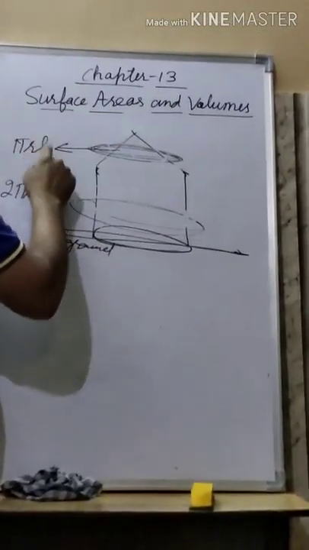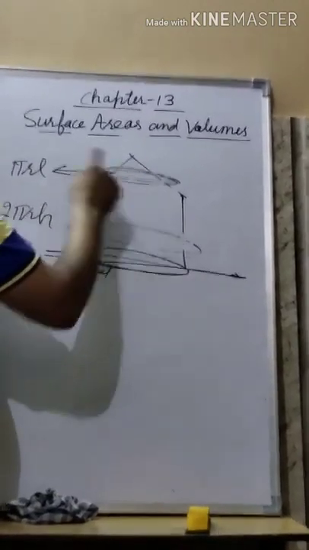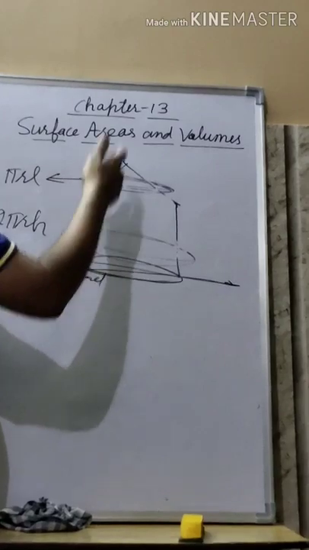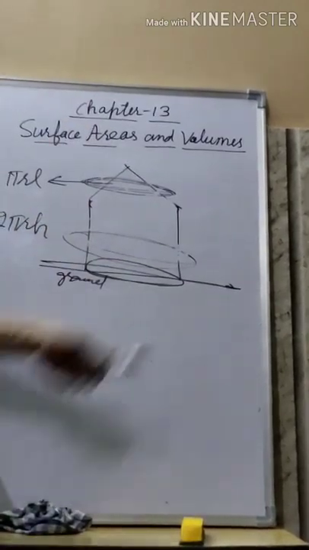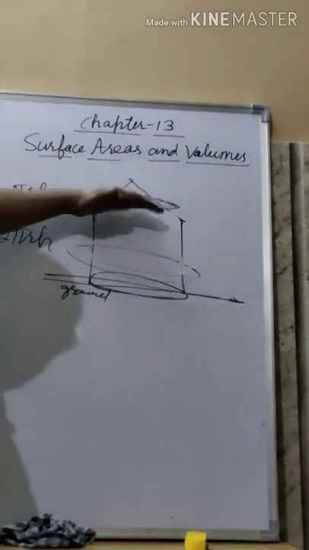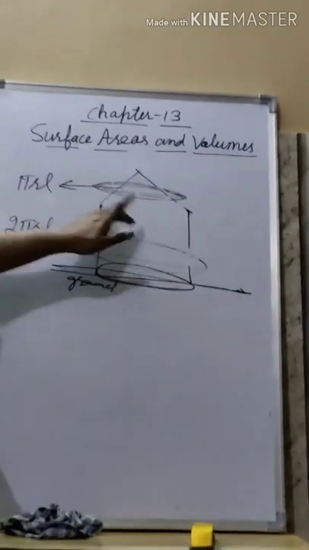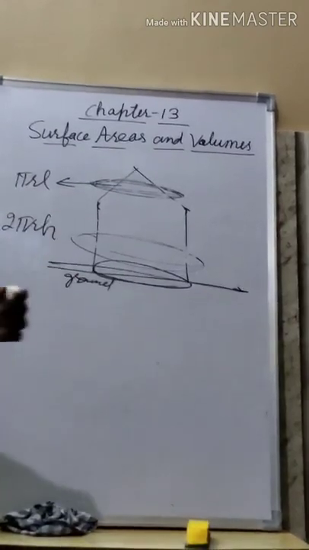So I am taking this pi r L, and I am taking this 2 pi r h. I am not taking the TSA of the cone, pi r (L plus r). If you take that, it is wrong. Surface area means whatever is visible. So you learn these basic concepts in this chapter.